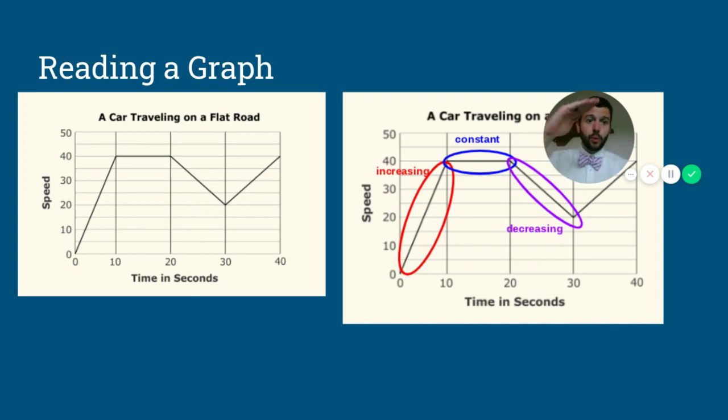So this car gets up to 40 miles an hour, and then it just stays going at 40 miles an hour. But at the 20-second mark, you can see that the driver of the car must have hit the brakes because the speed starts to decrease between seconds 20 and 30. And it drops all the way down to 20, I'm assuming, miles per hour. At the 30-second mark, you can see it starts to move upward again, so that would be increasing.